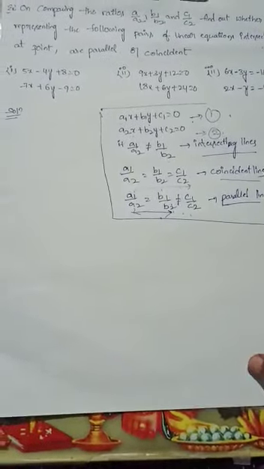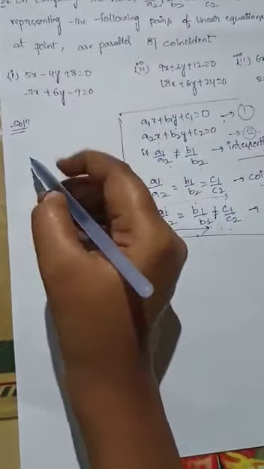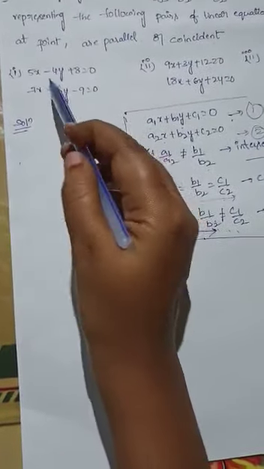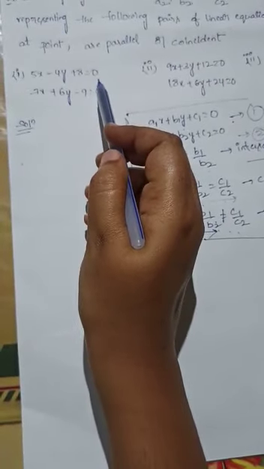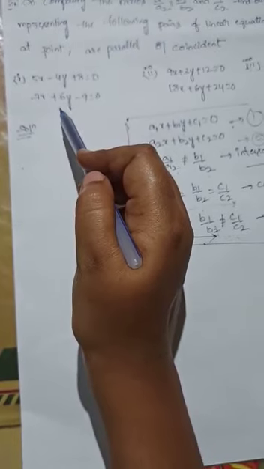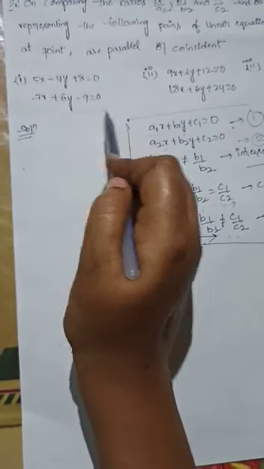See this example. First example: 5x minus 4y plus 8 equal to 0, and 7x plus 6y minus 9 equal to 0.